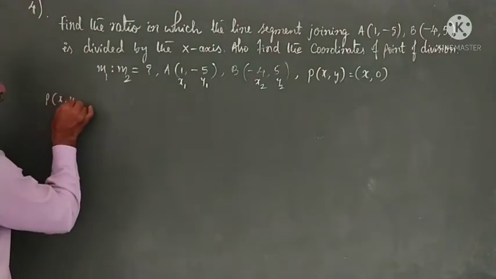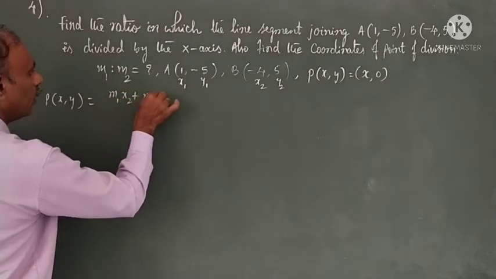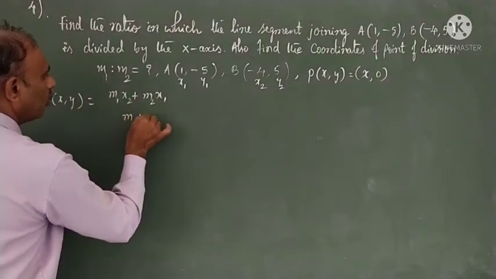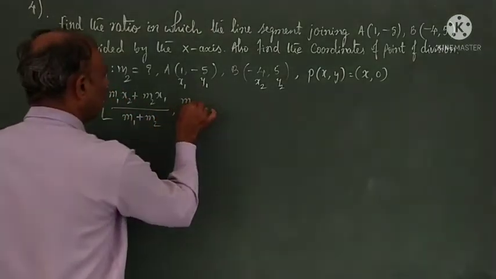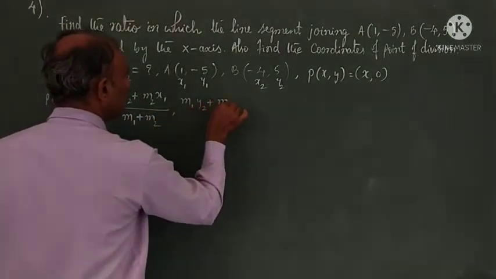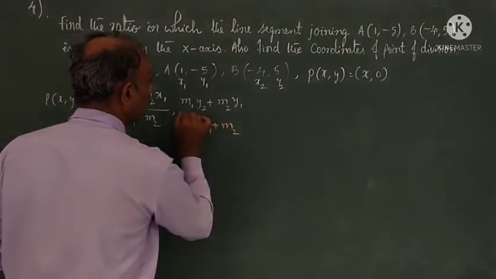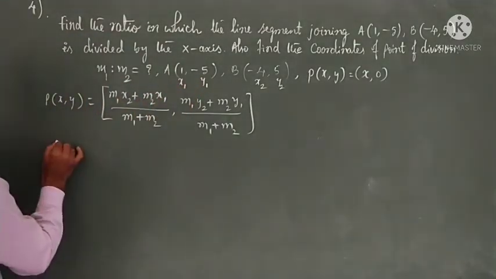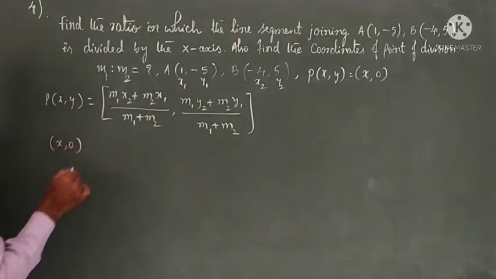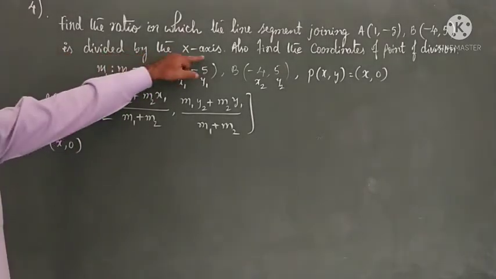P of xy is equal to (m1 x2 plus m2 x1) divided by (m1 plus m2), and (m1 y2 plus m2 y1) divided by (m1 plus m2). P of xy is nothing but (x0, 0), since the point of division is on the x-axis.